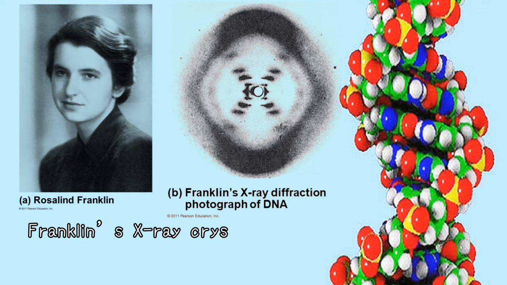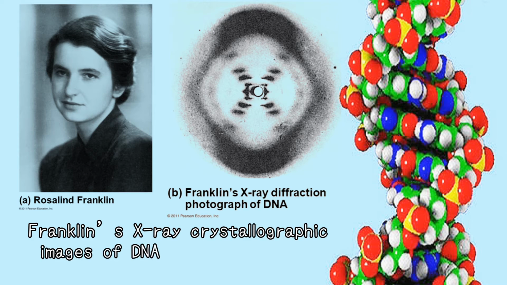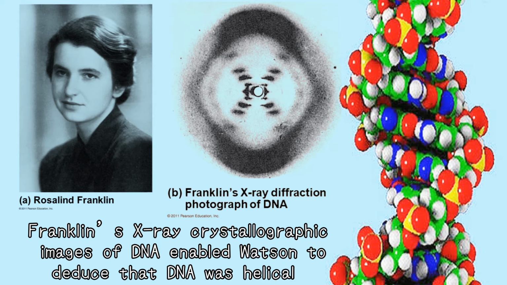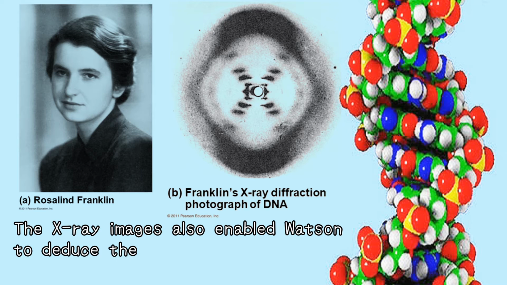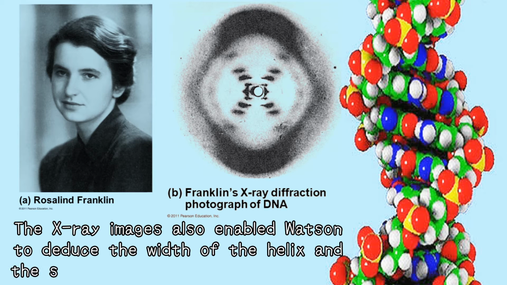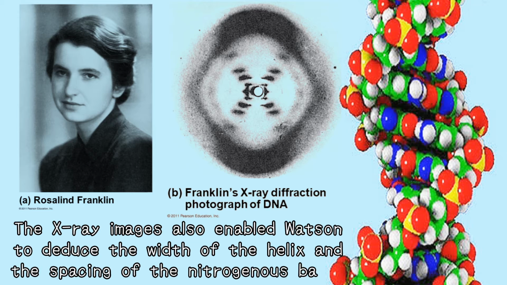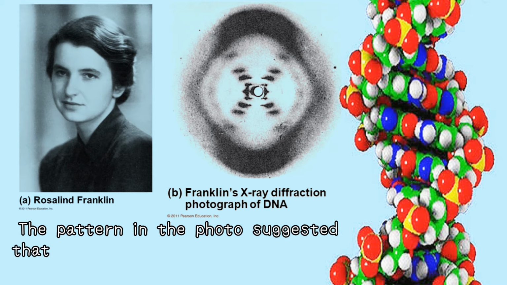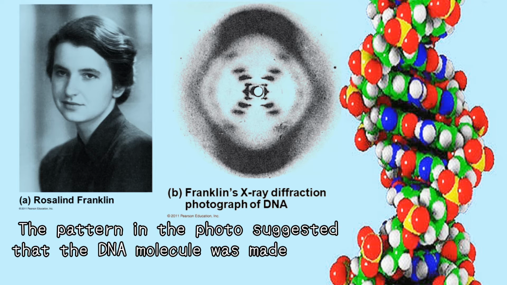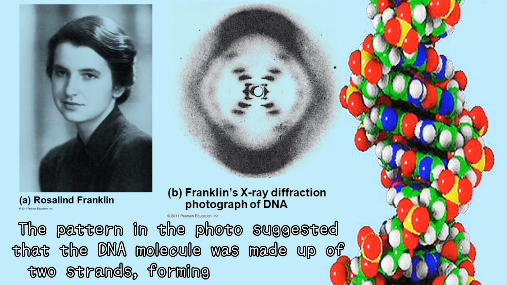Franklin's X-ray crystallographic images of DNA enabled Watson to deduce that DNA was helical. The X-ray images also enabled Watson to deduce the width of the helix and the spacing of the nitrogenous bases. The pattern in the photo suggested that the DNA molecule was made up of two strands, forming a double helix.